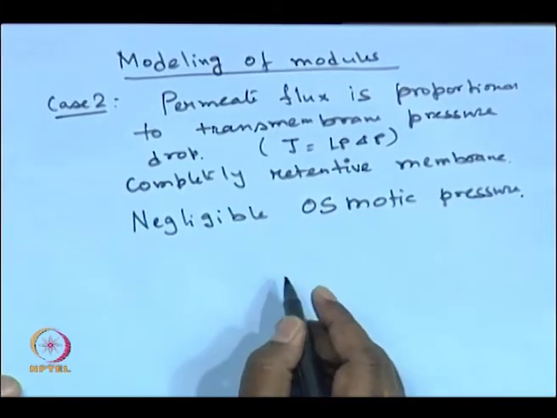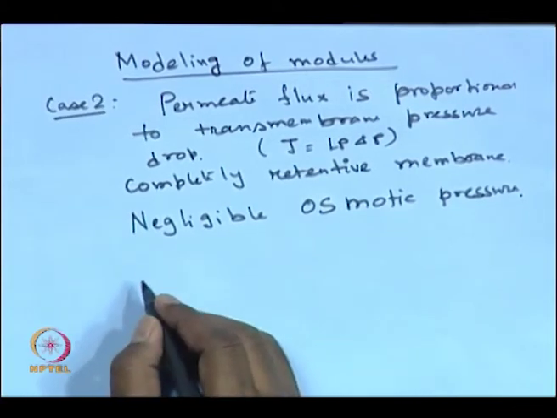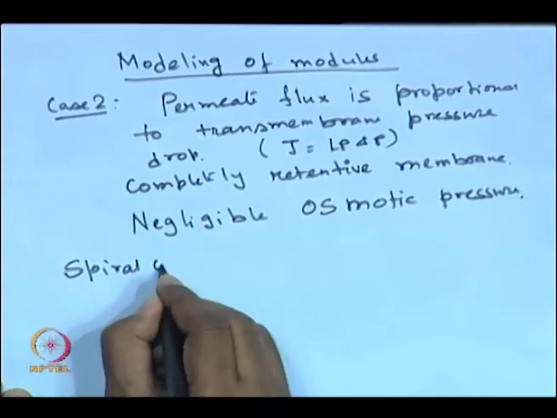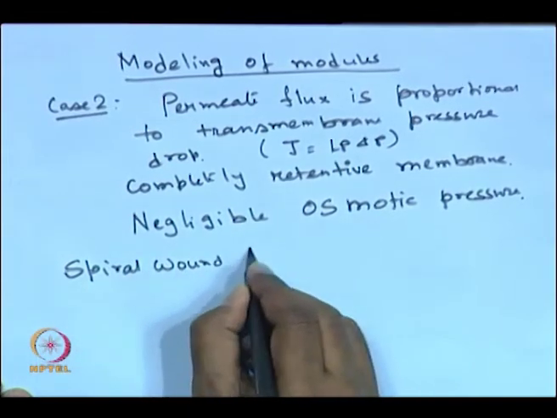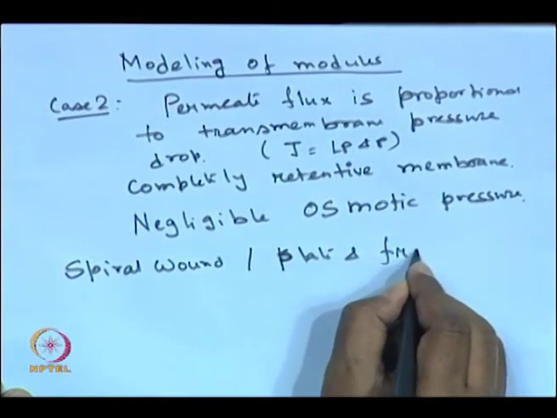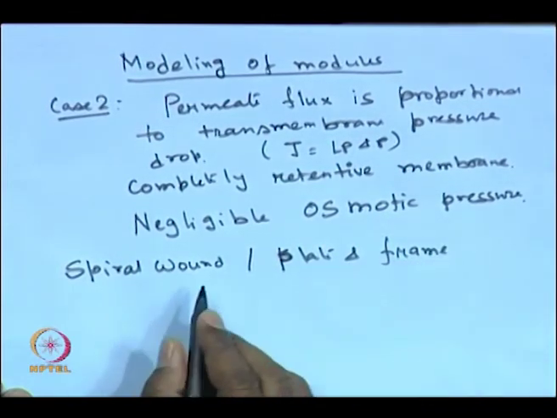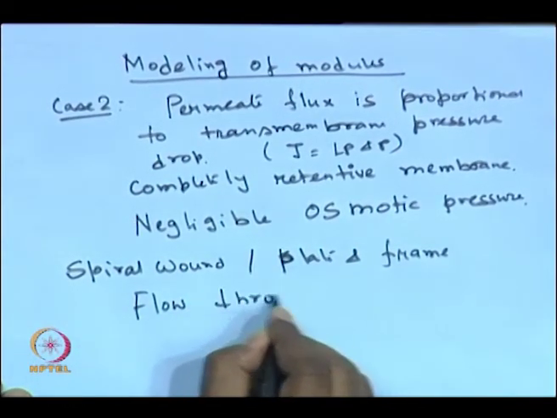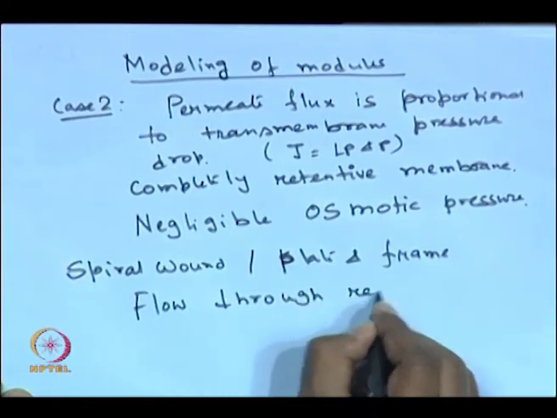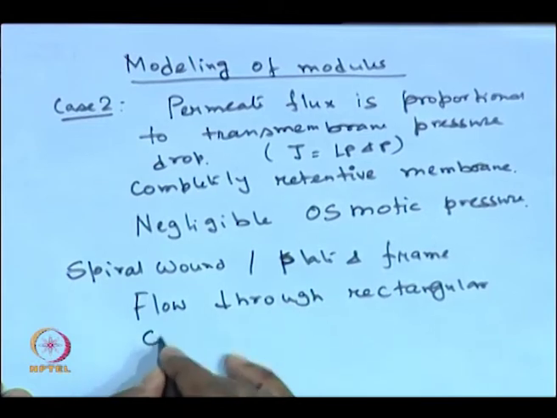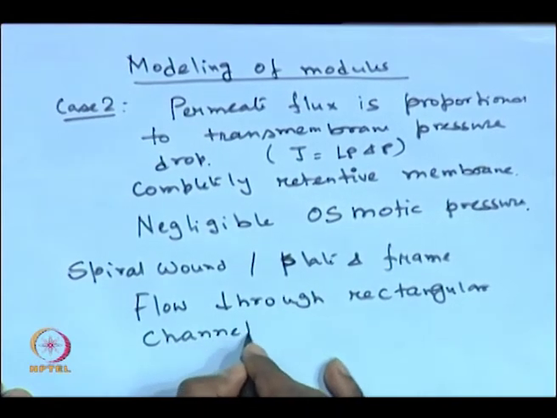Negligible osmotic pressure. So again we will start with the spiral wound module or plate and frame. That means we are talking about flow through a rectangular channel.